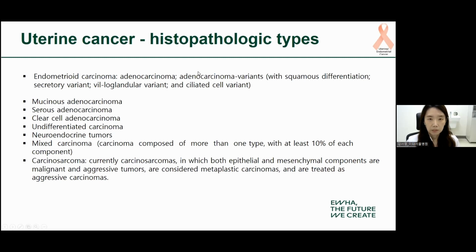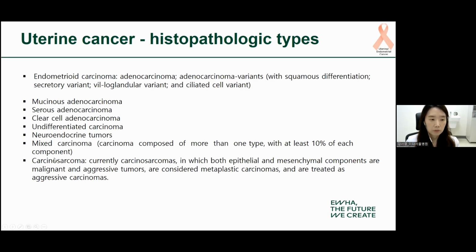These are the histological types of uterine cancers. The major histological type of uterine cancer is endometrial carcinoma, including adenocarcinoma variants and other types. And the other histological types are mucinous adenocarcinoma, serous or clear cell, and mixed carcinoma.